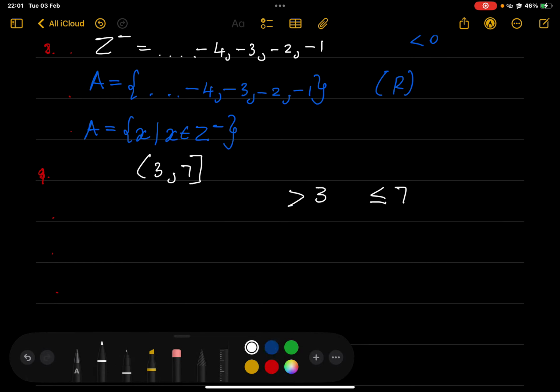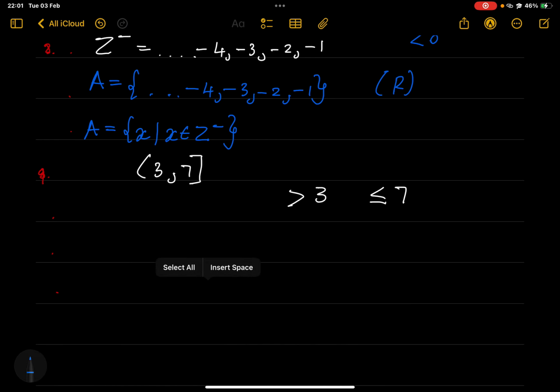So these elements, let's list all of them that we know, the integers. We know -2, we don't know where they start. -1, 0, 1, 2, 3, 4, 5, 6, 7, and 8.